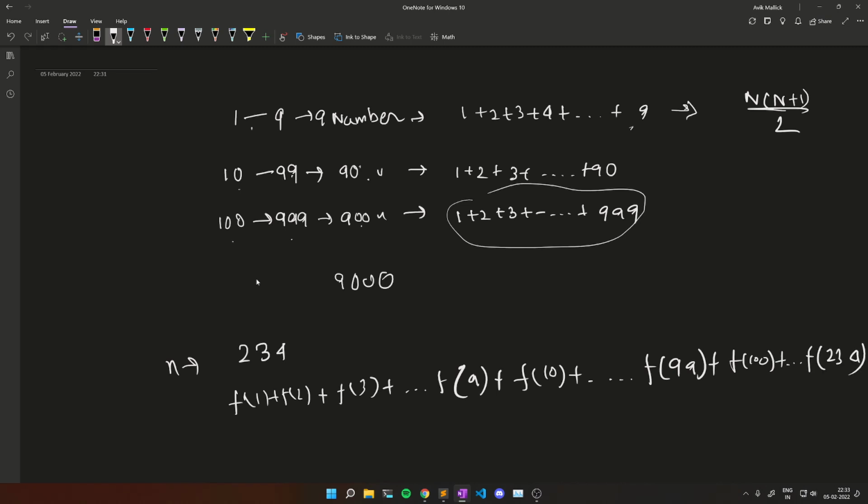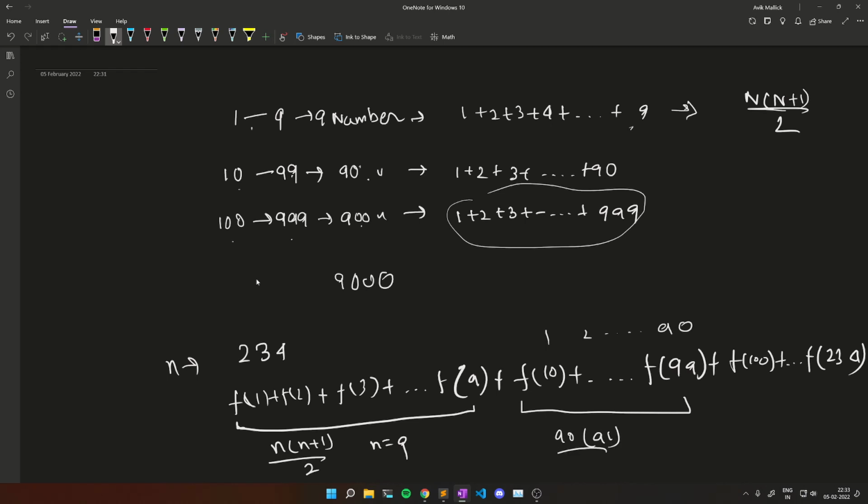So for f of 1 to f of 9, this is n into n plus 1 by 2, where n is 9. Again, f of 10's value is 1, 2, and it will go up to 90, so this value will be 90 into 91 by 2. And how many numbers are there from 100 to 234? There are 134 numbers, so the sum will be 134 into 135 by 2. But we also have to take the modulo.